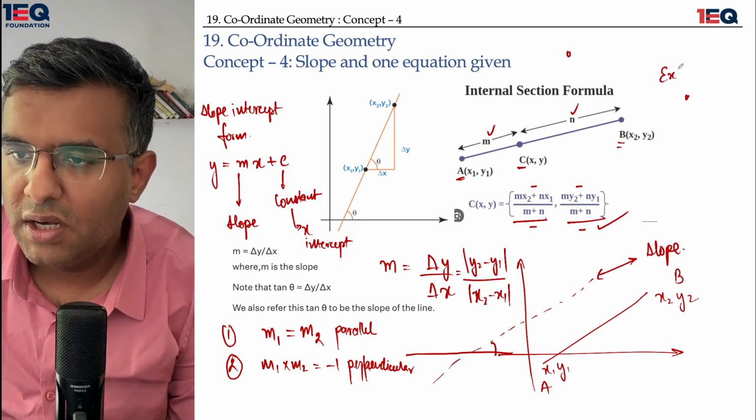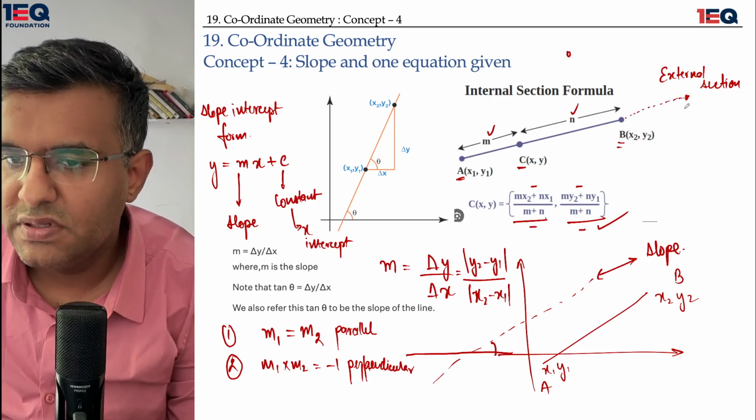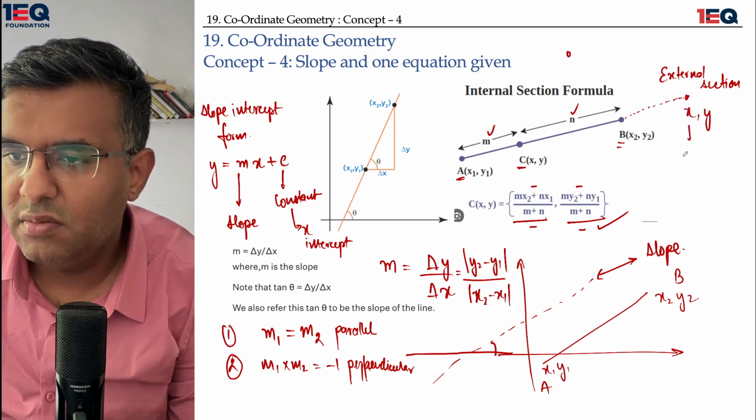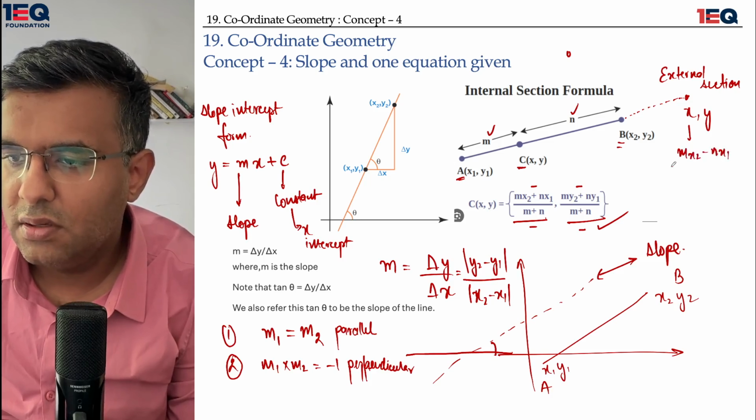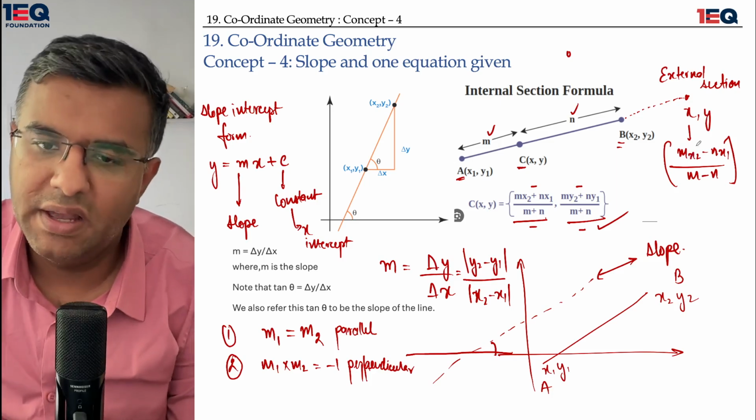When I talk about external section, I'll draw a dotted line here and say x comma y, this one being equal to mx2 minus nx1 whole upon m minus n. So this is the x. You can similarly find out the value of y as well.